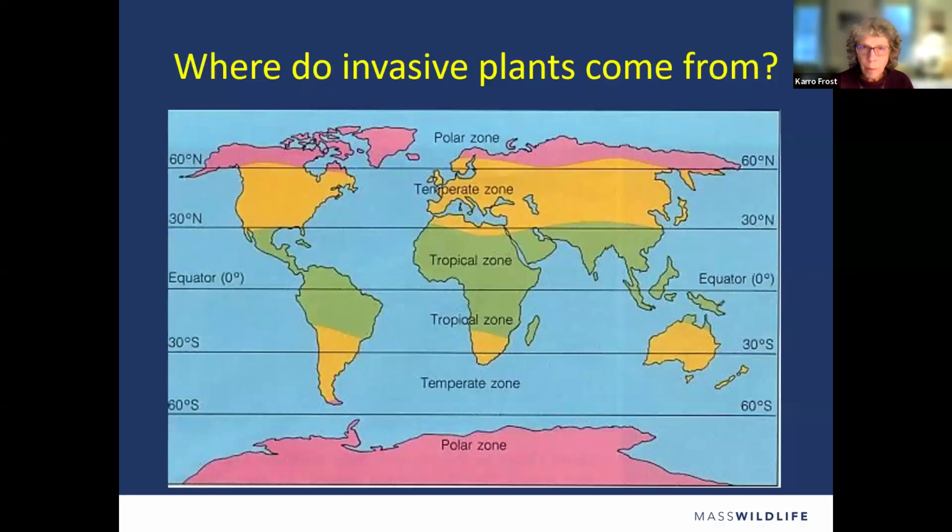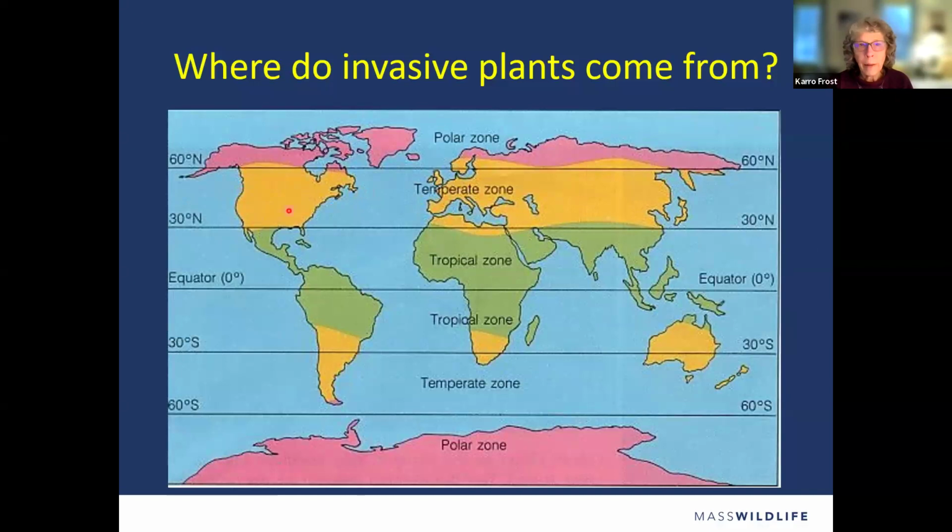So where do they come from? Well, you hear about things like the Norway maple, the Norway spruce, the Japanese barberry. That's because all of that is within the temperate zone, and this is the sweet spot for us. I mean, we're in that zone too.